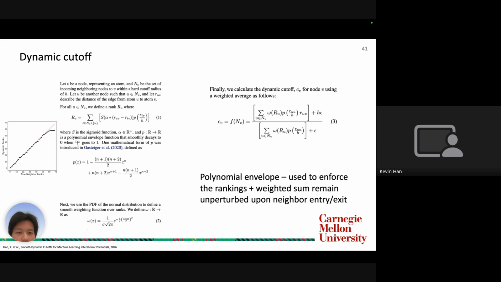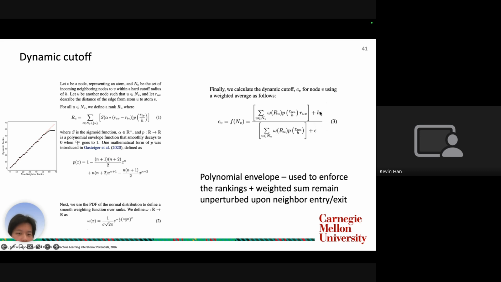The reason we have this is because as our neighbor list empties, so as the number of atoms within the fixed cutoff approaches 0 and reaches 0, we do not want our dynamic cutoff to collapse to 0. If we did not have this H epsilon over epsilon term, so this was canceled out, we would have a 0 divided by 0, and that would be an error.